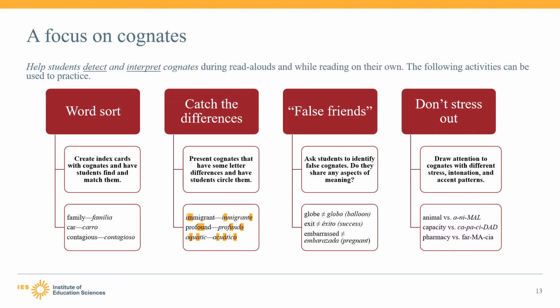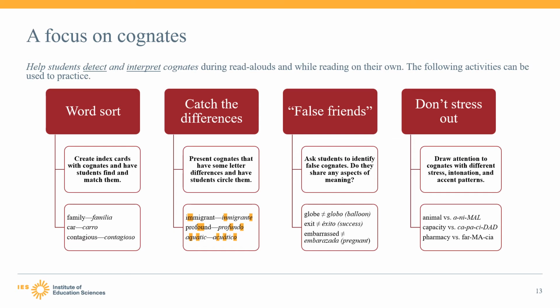So immigrant is spelled I-M-M-I, but the Spanish version, inmigrante, is I-N-M-I. That's a systematic difference that you see across Spanish and English translation equivalents that are cognates, and then you can discuss why that might be and start drawing students' attention to these characteristics so that they can then go back and predict, if they might, what the English translation of a Spanish word that they already know is.